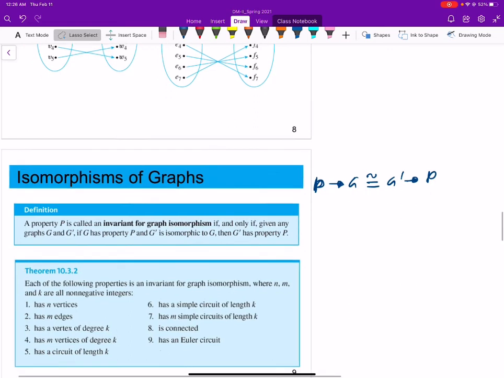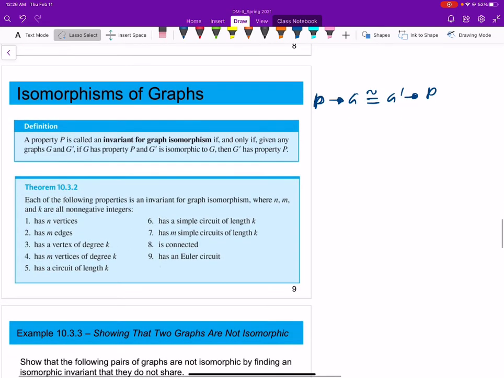All right, go down. Now theorem 10.2.3. Each of the following properties is invariant for graph isomorphism, where n, m and k are all non-negative integers. All right, the first property is n vertices. Let's say graph G has n vertices and then graph G prime has m vertices. If the graphs are isomorphic, then the number of vertices should be equal.